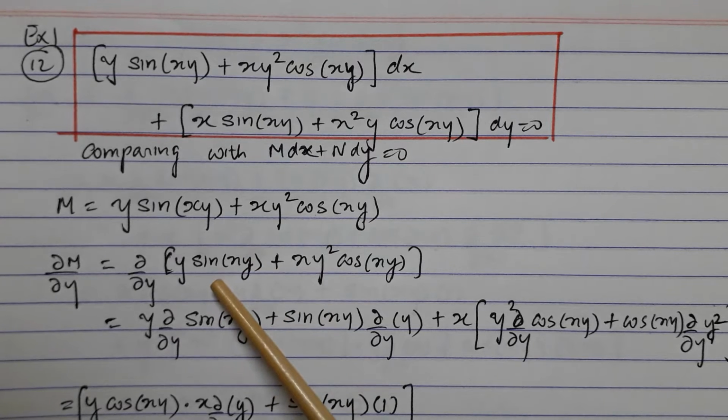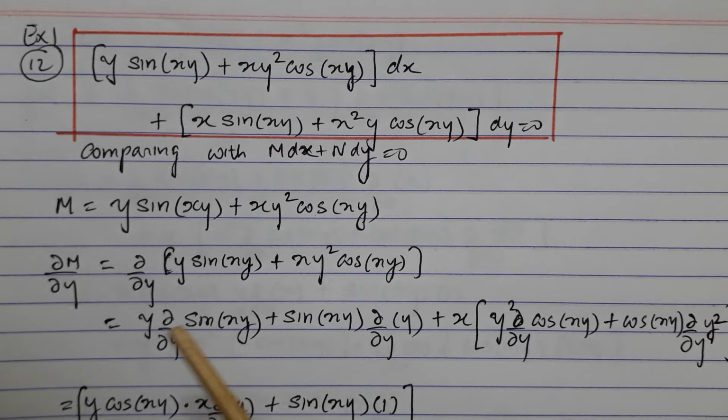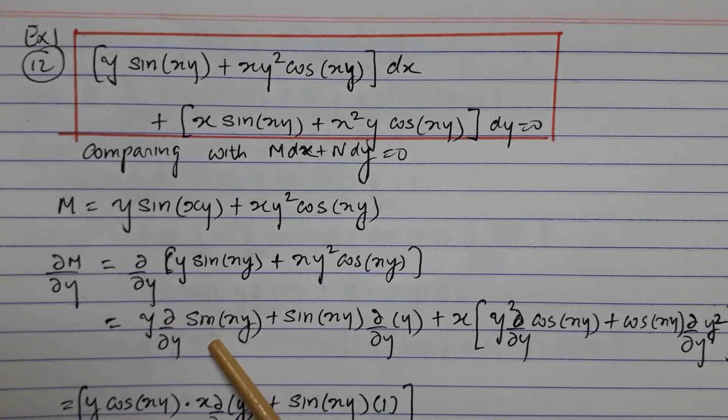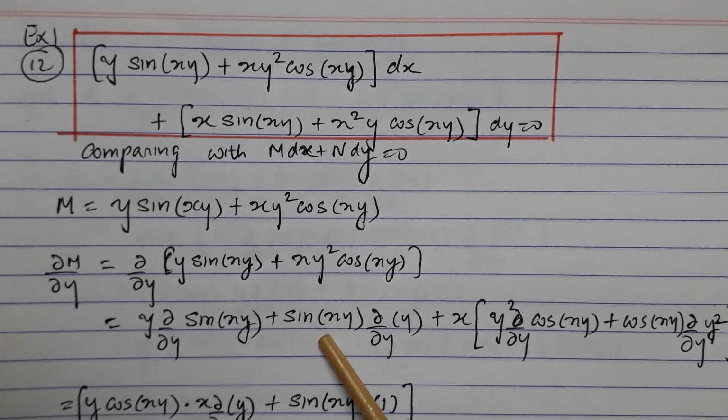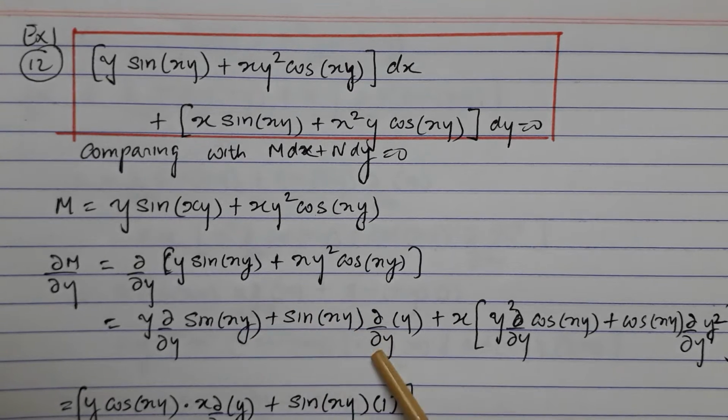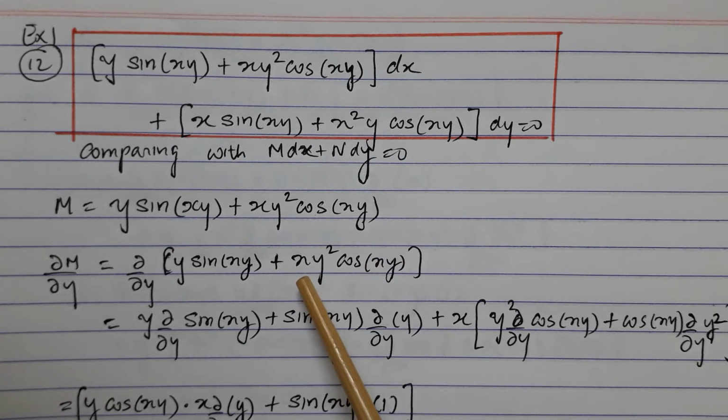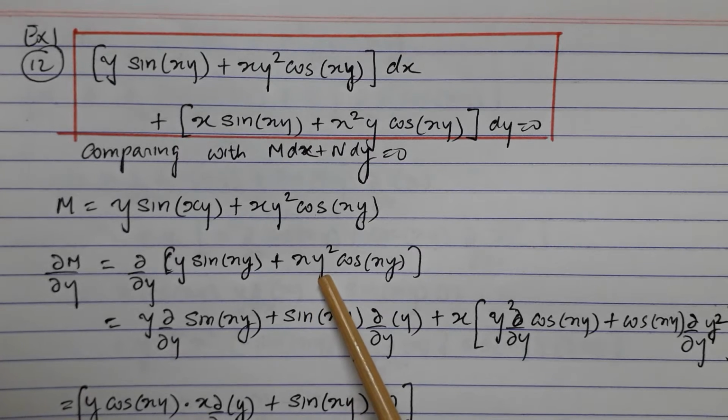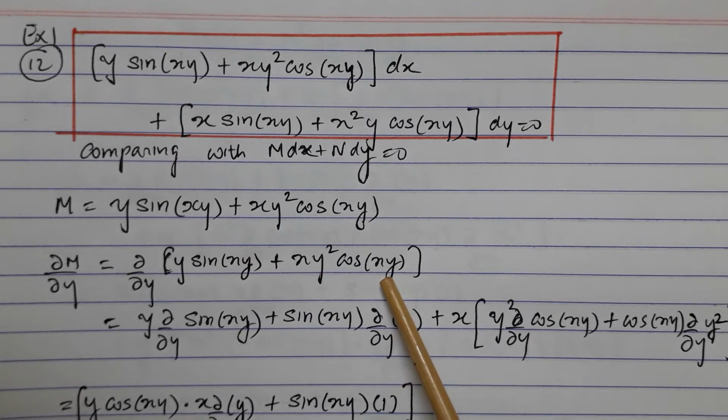So to partially differentiate this with respect to y, we'll have to use the product rule. So this will be y ∂/∂y of sin xy + sin xy ∂/∂y of y. Again, this term has x, a y² and cos xy.